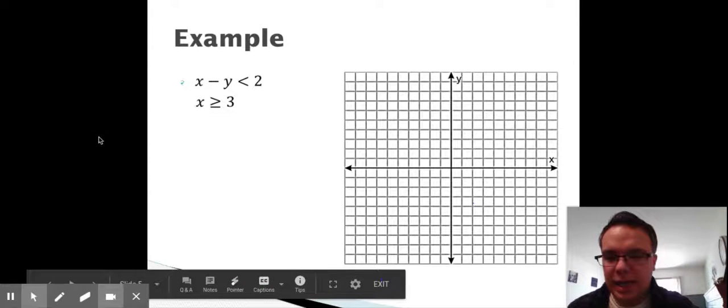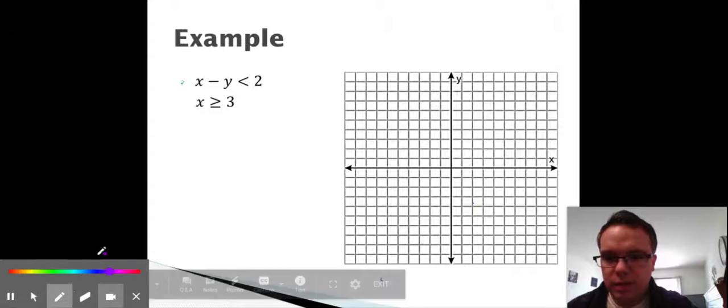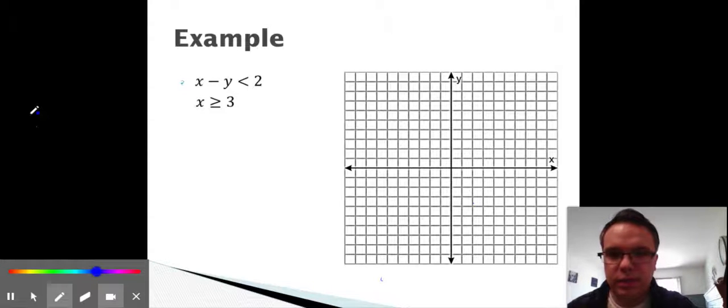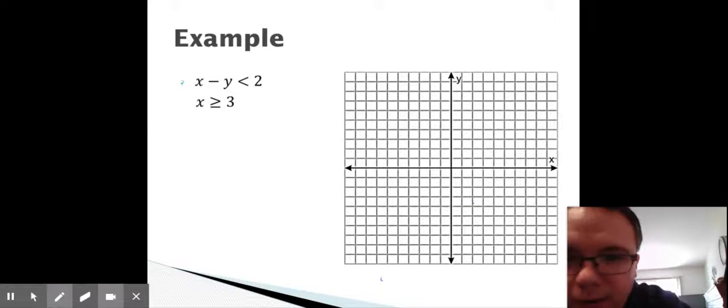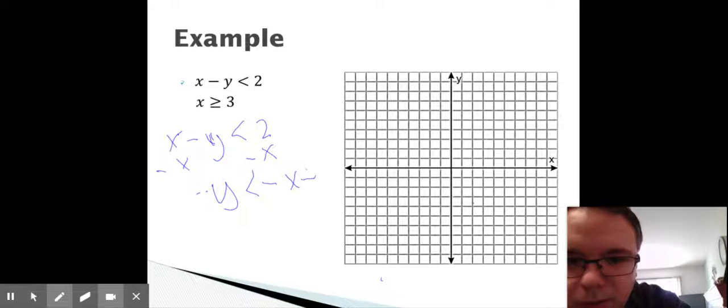All right, here's our last example. So I'm still going to do the first one in blue, but I have to solve for y first. So I'm going to subtract my x over, and so I would get the opposite of y is less than negative x plus 2.